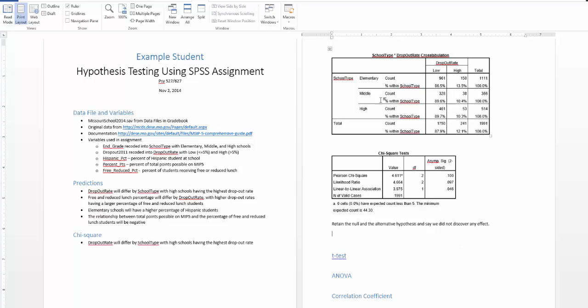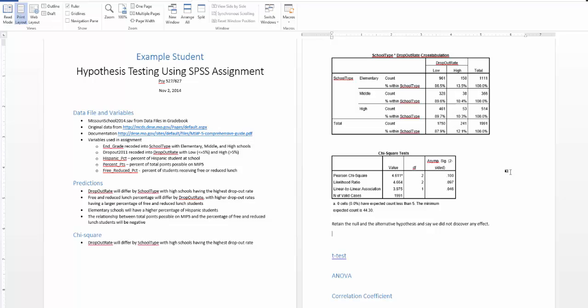Now we note here that the dropout rate for elementary school is a little bit higher than the dropout rate for middle school and high school, opposite of what we predicted. But it's not statistically significant.